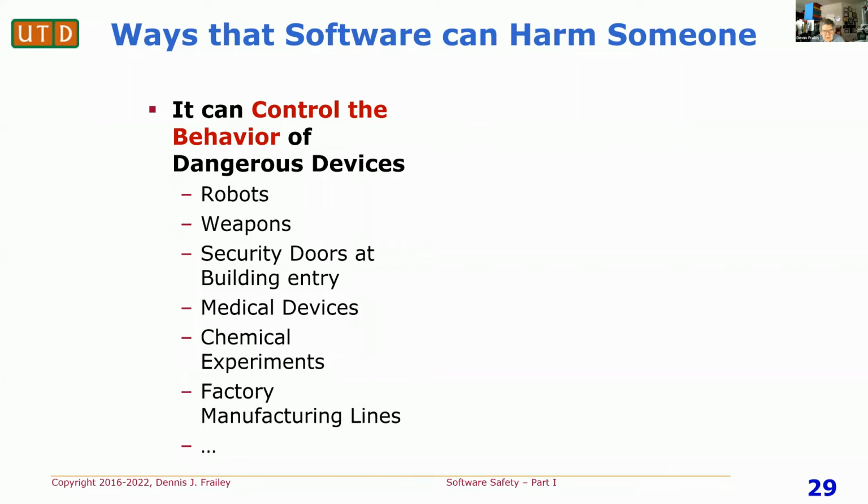Some of you are too young to remember that, but it was a huge chemical manufacturing plant in India that blew up and killed hundreds of people. Medical devices we've already talked about. Security doors in buildings, something as simple as that. There's all sorts of products that are potentially dangerous, and software often controls some or all of that behavior.